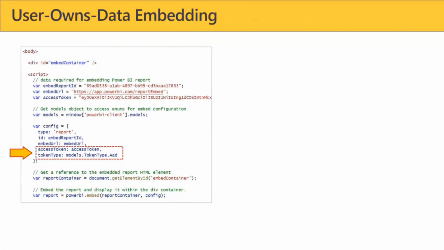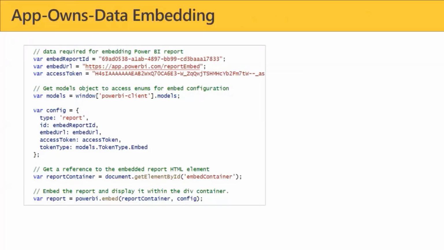Now, what we see is that the main difference between getting a report up and going with user owns data, versus app owns data, is that the access token is an Azure AD access token. And so we have to add the token type as Azure AD. Okay, now, we also have app owns data embedding.